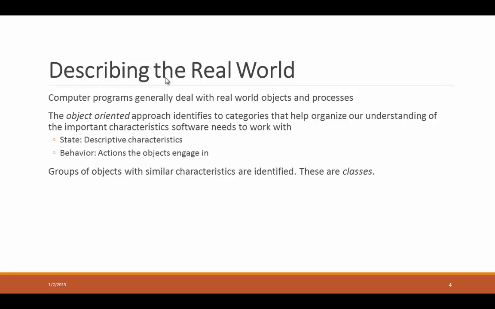The object-oriented approach is a specific way of looking at the world and trying to extract the characteristics that are important for the problems we're trying to solve. And there are two important characteristics about things out there that we will note.